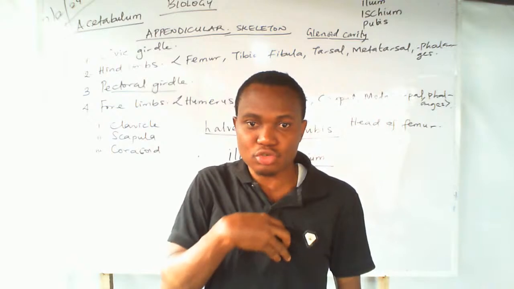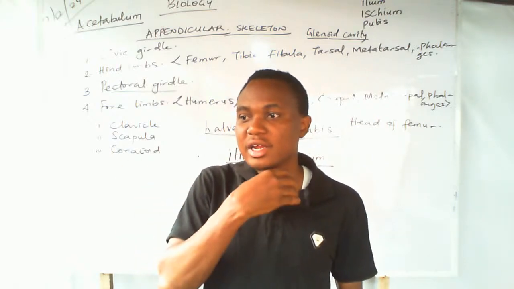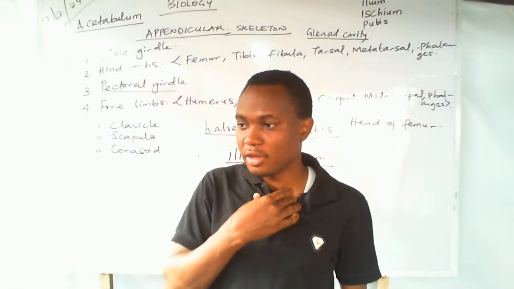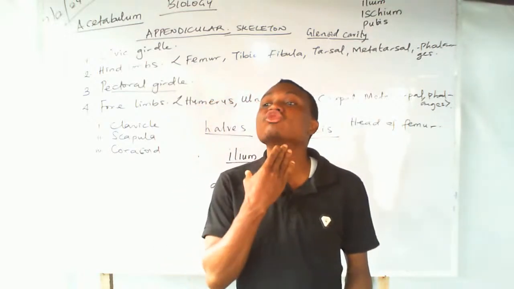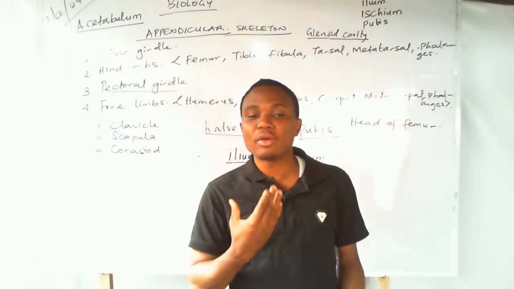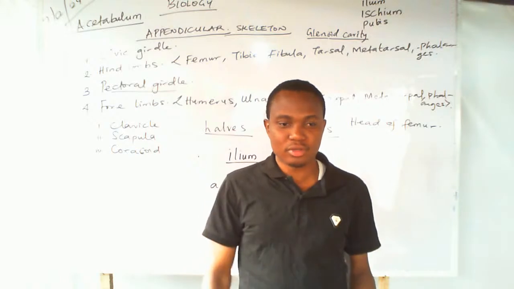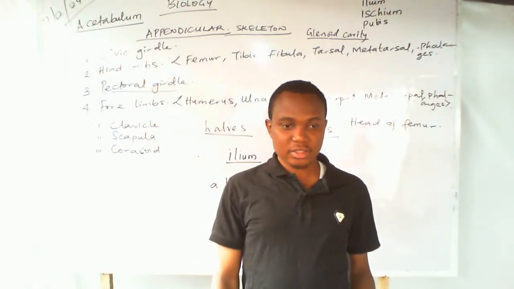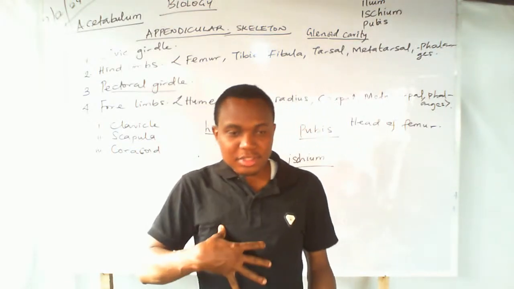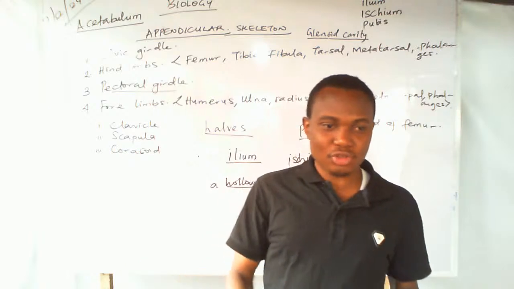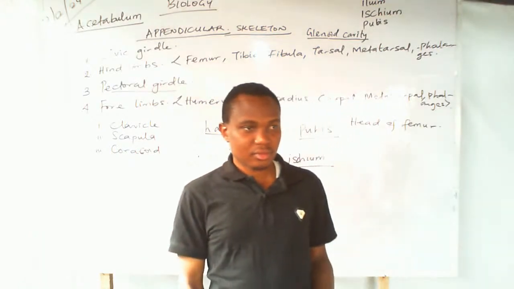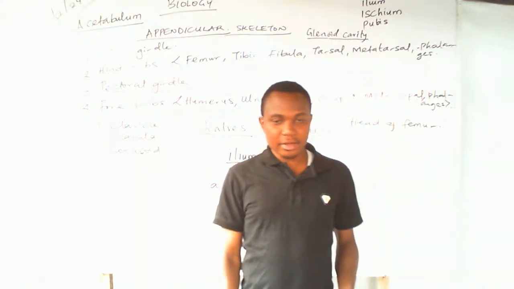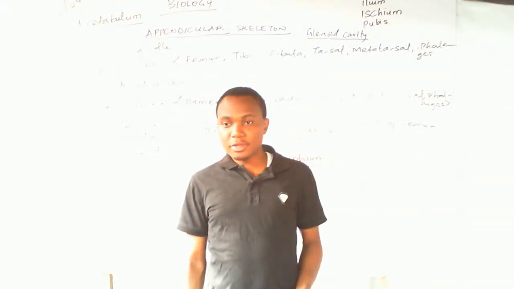The attachment of the ribs to the sternum is weaker than the attachment of the what? Clavicle. The ribs are holding it, but the attachment is not as strong as the clavicle. Are you with me? Yes, sir.